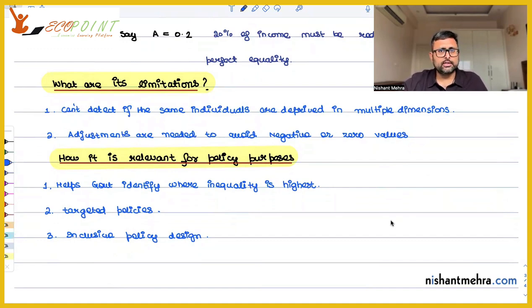These are targeted policies for certain sections of society, or it can even be compared at the national level. We can find out which region would require more targeted policies. So it is fostering inclusive policy design.